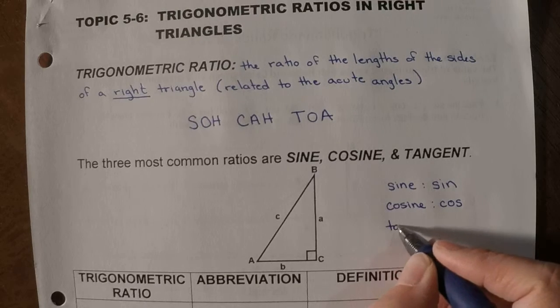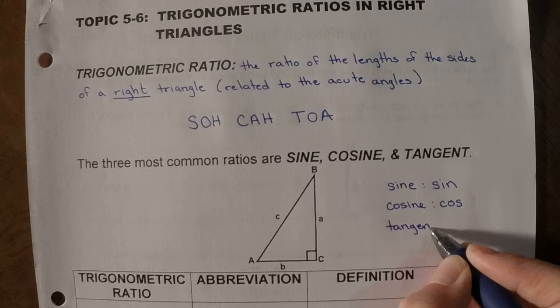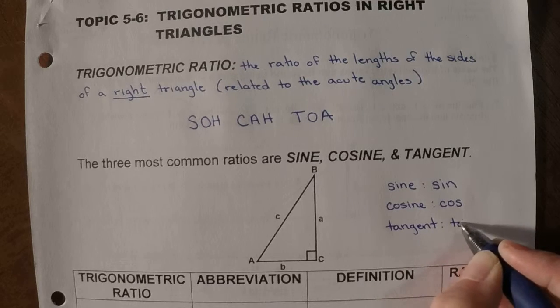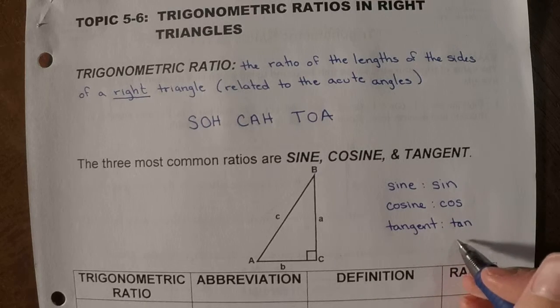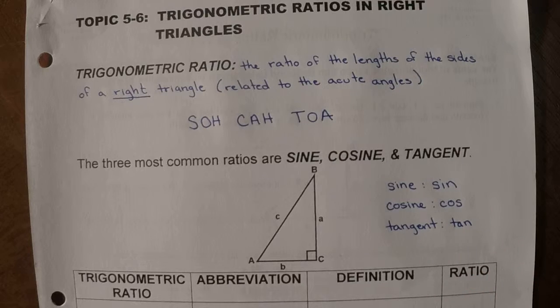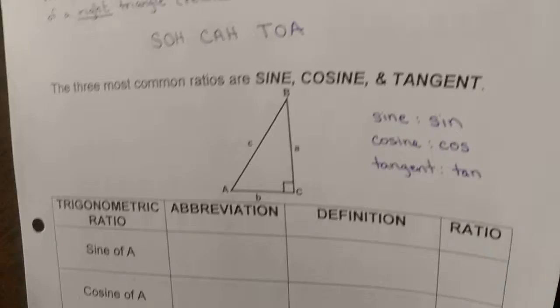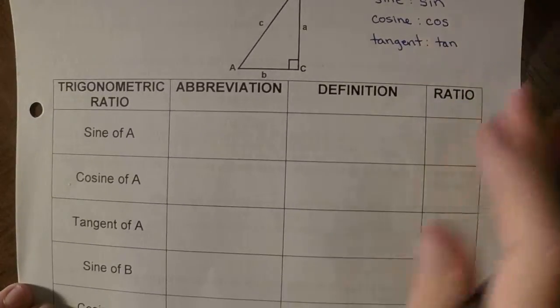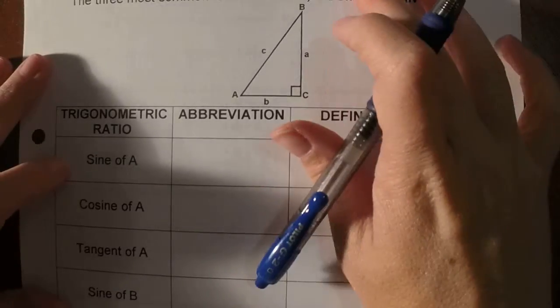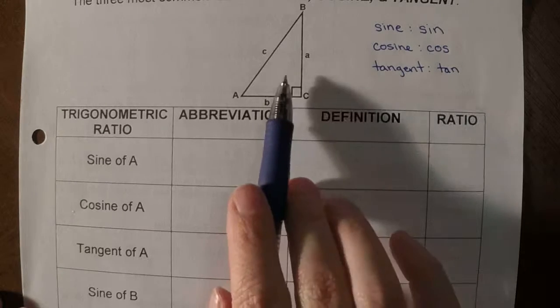And then tangent is usually abbreviated with just tan. And these are the buttons that you've probably seen on your calculator, but not really known what to do with them. So again, let's see if we can use just basic information, and everything is going to be based on this triangle up here.